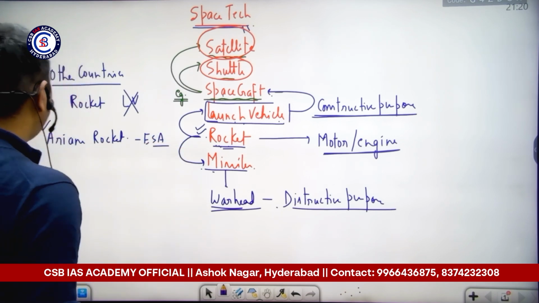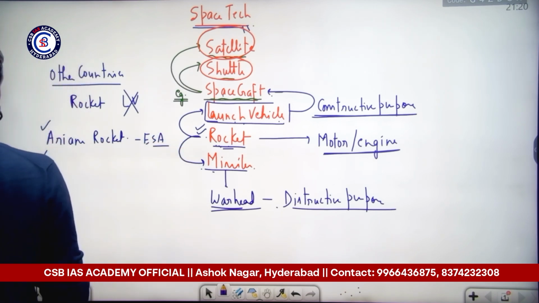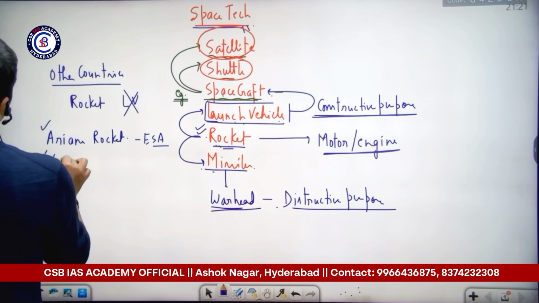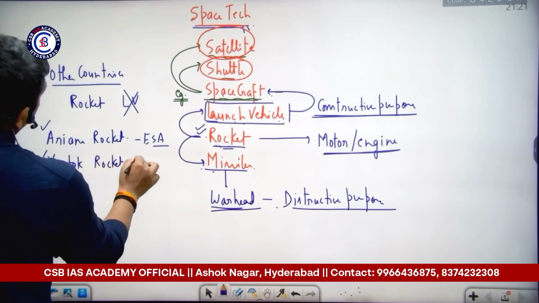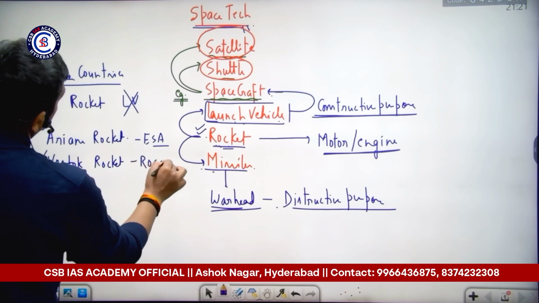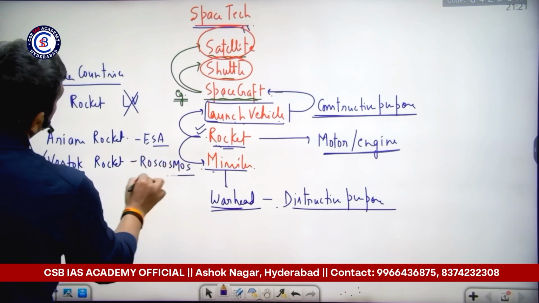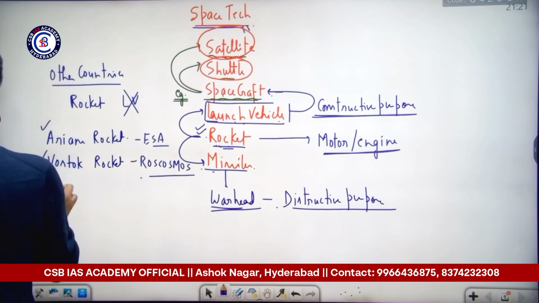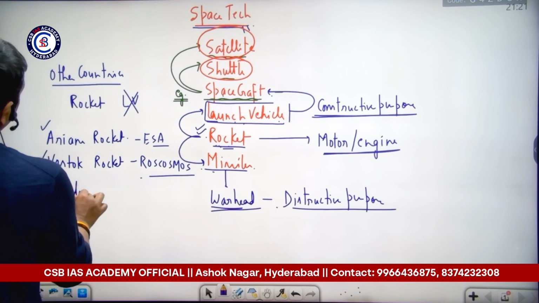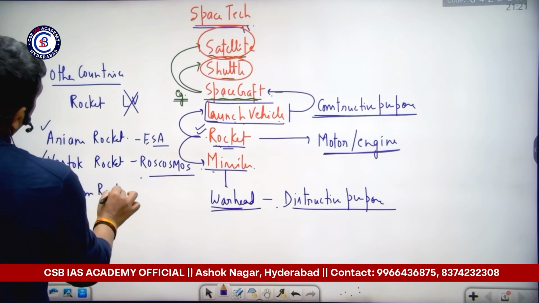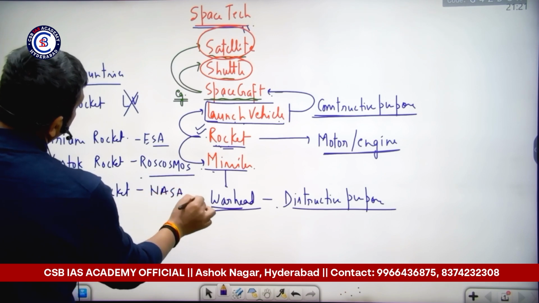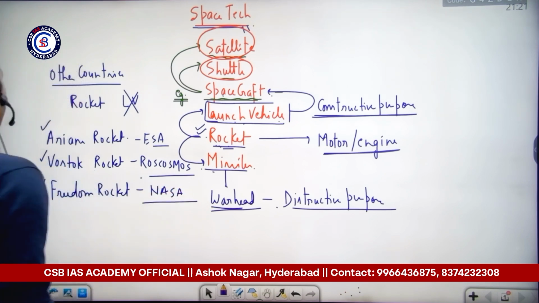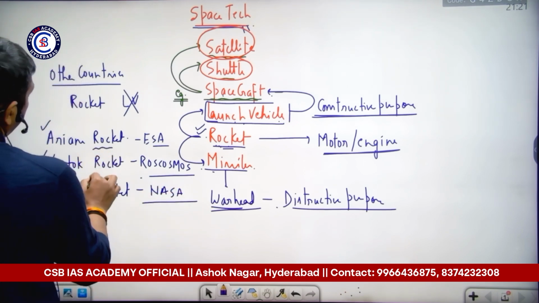If you listen, Russia launched a satellite with the help of a Vostok rocket. The Russian space agency's name is Roscosmos. The US launched satellites with the help of a Freedom rocket. So NASA, the US-based space agency, whenever they launch any satellites, they prefer the term rocket.